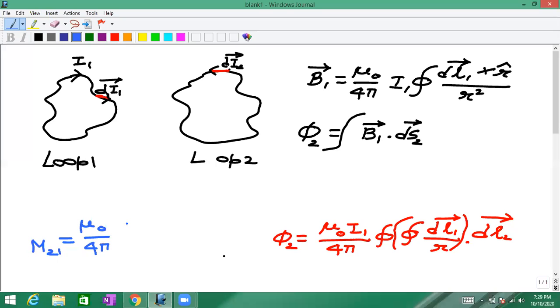I1 ৰ বাহিৰে গোটেইখিনি থাকিব আৰু ক্লোজ ইন্টিগ্ৰেশন দুটা থাকিব, dl1 ভেক্টৰ dot dl2 vector divided by r.